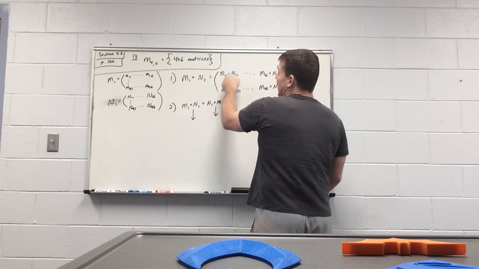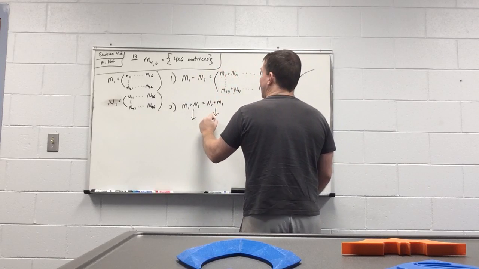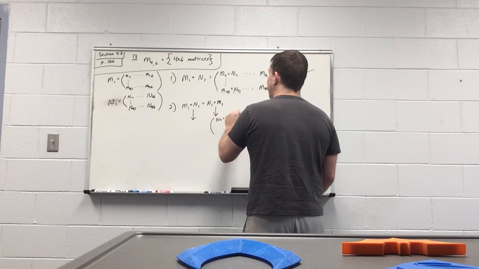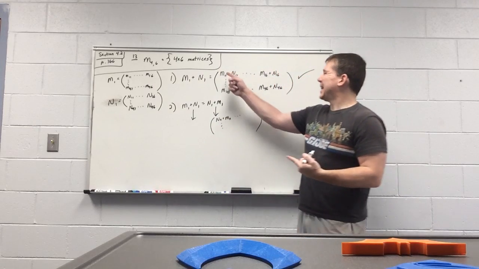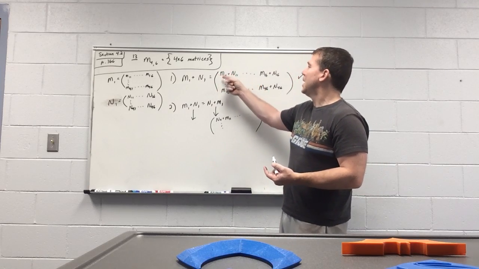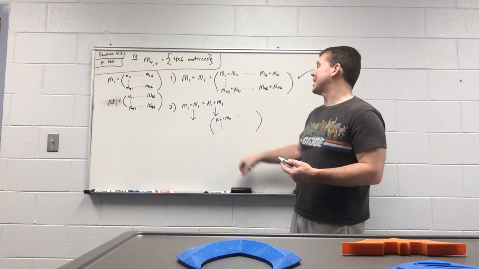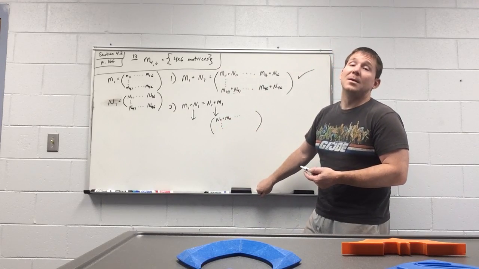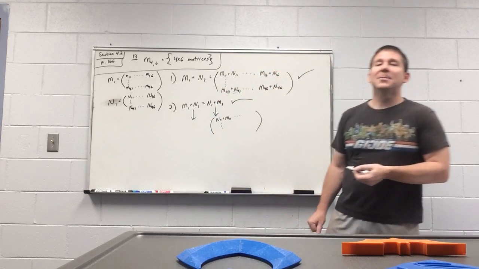N1 plus M1 will be the exact same thing, but the order will be flipped. So it'll be N11 plus M11, etc. But these entries in the matrix are real numbers, which means M11 plus N11 is the same as N11 plus M11, which means the two matrices are equal and addition is commutative.